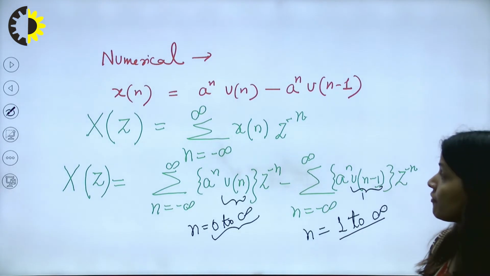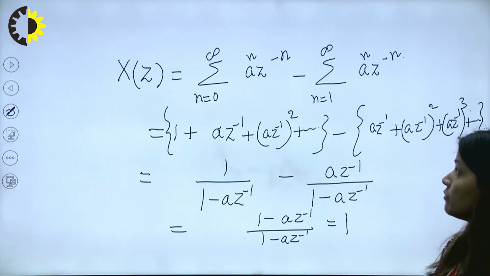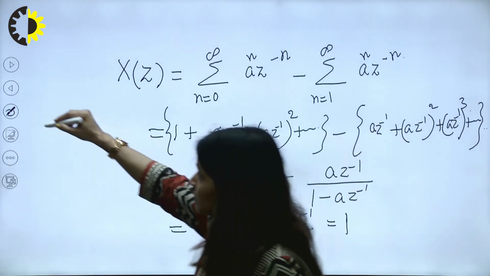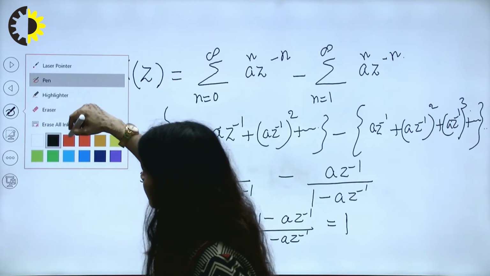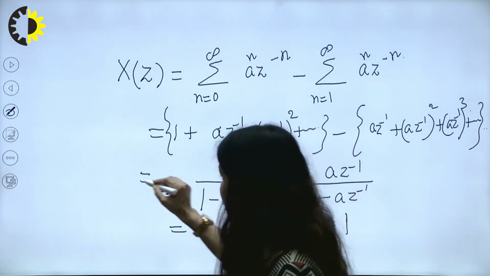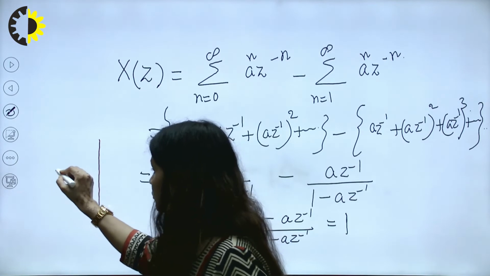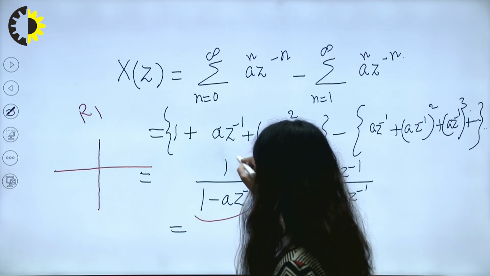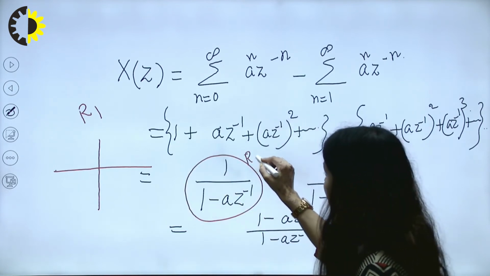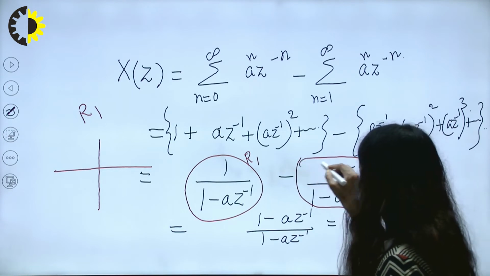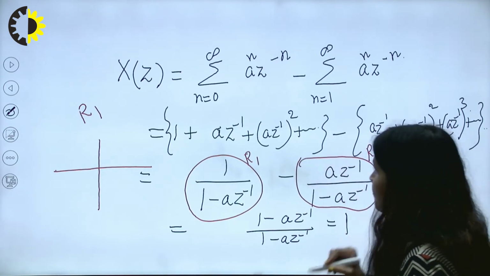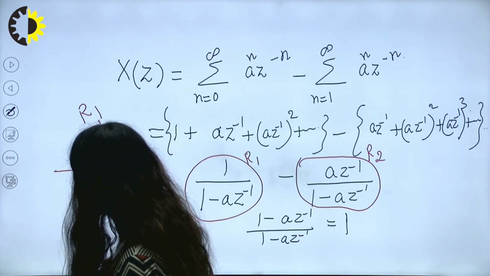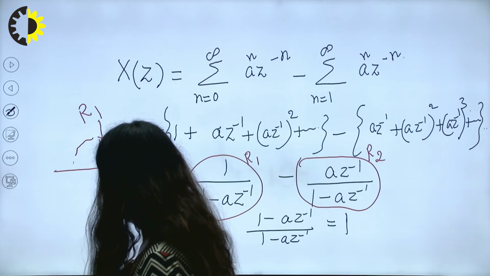But if I consider the ROC for the first term as R1 and for the second term as R2, and plot R1 on the Z plane, this is my unit circle, obviously.